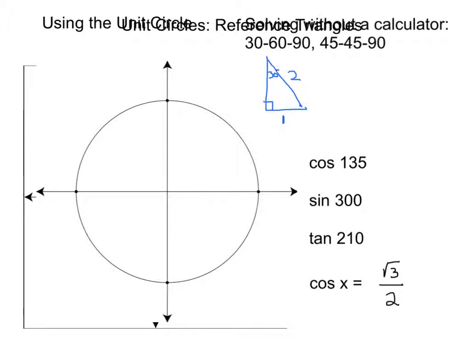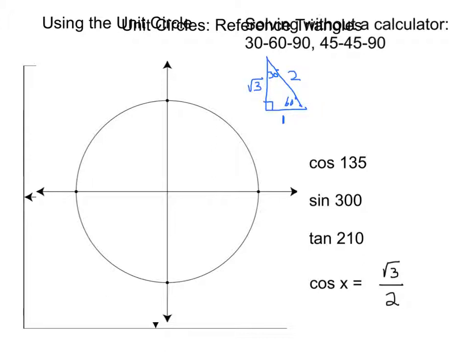So if that's 30 degrees, 30 degrees is going to be across from the short side. 60 degrees is going to be across from the middle side. The hypotenuse is across from the 90-degree angle. And then what would the medium side be according to the 1? Square root 3. It's 1 times root 3, but that's your shortcut.